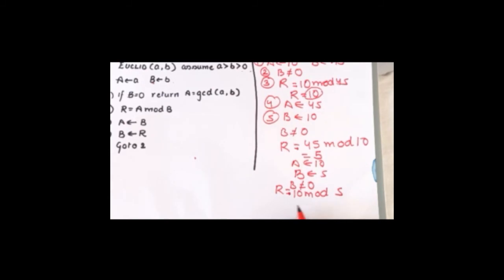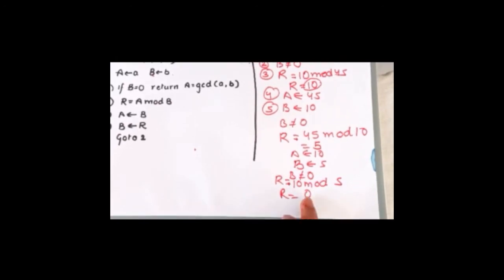Now 10 mod 5, when I tell you to find the remainder, the remainder is equal to 0. As you can see here, now the remainder is 0. Again, I'll be putting the value of B into A. So my A now will be 5, and I'll be putting the value of R into B, which is now 0.